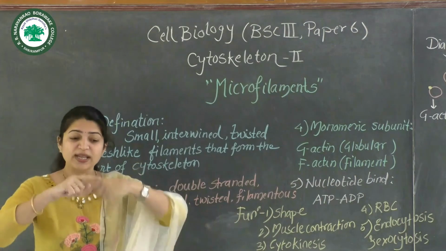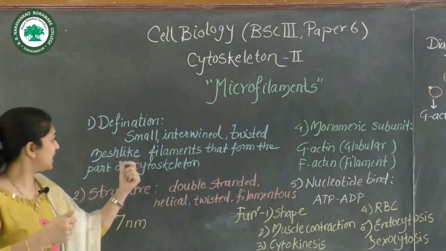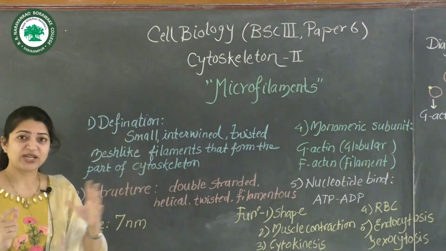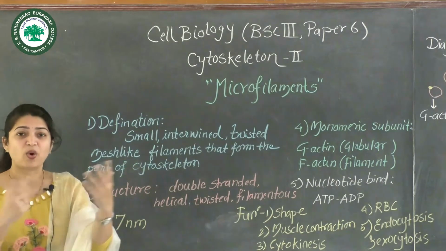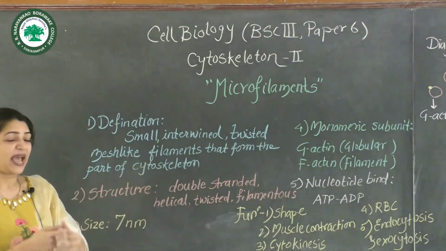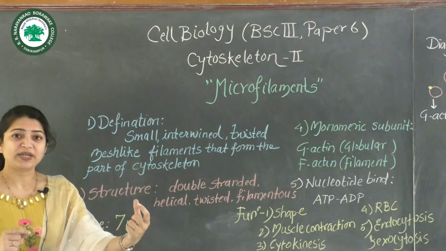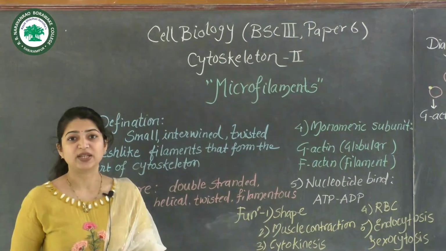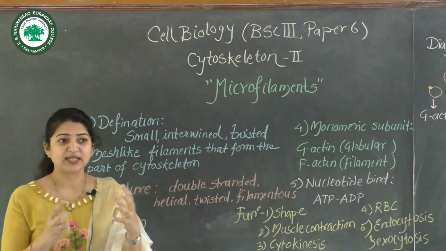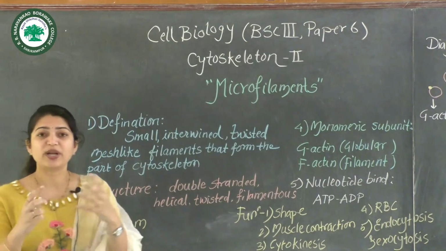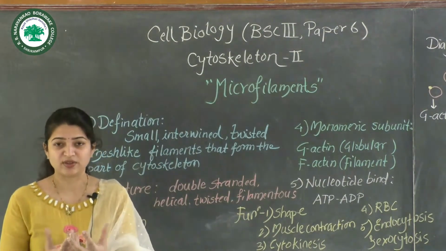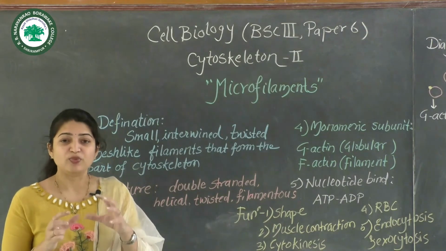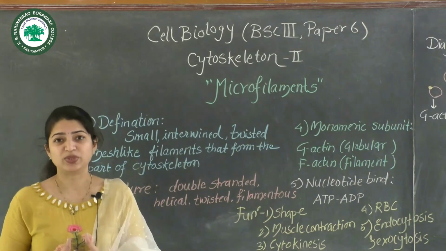It is a small twisted structure which gives a mesh-like, net-like appearance all over the cell, and it is a twisted filamentous structure that forms part of the cytoskeleton. So in the cytoskeleton, the whole cell is covered by a filamentous mesh-like network, which gives some rigidity to the cell.